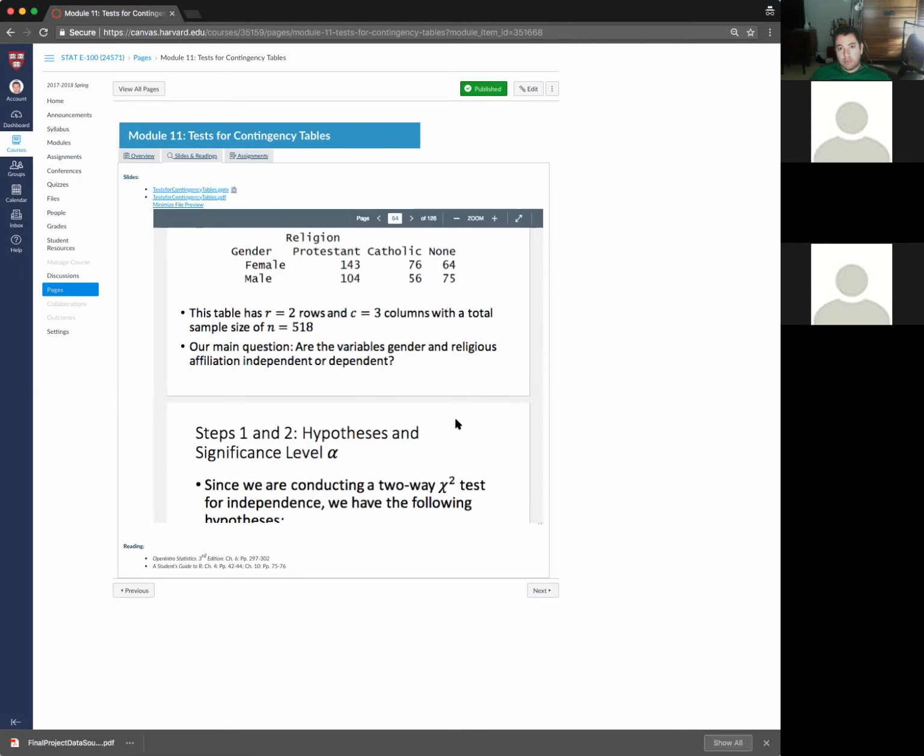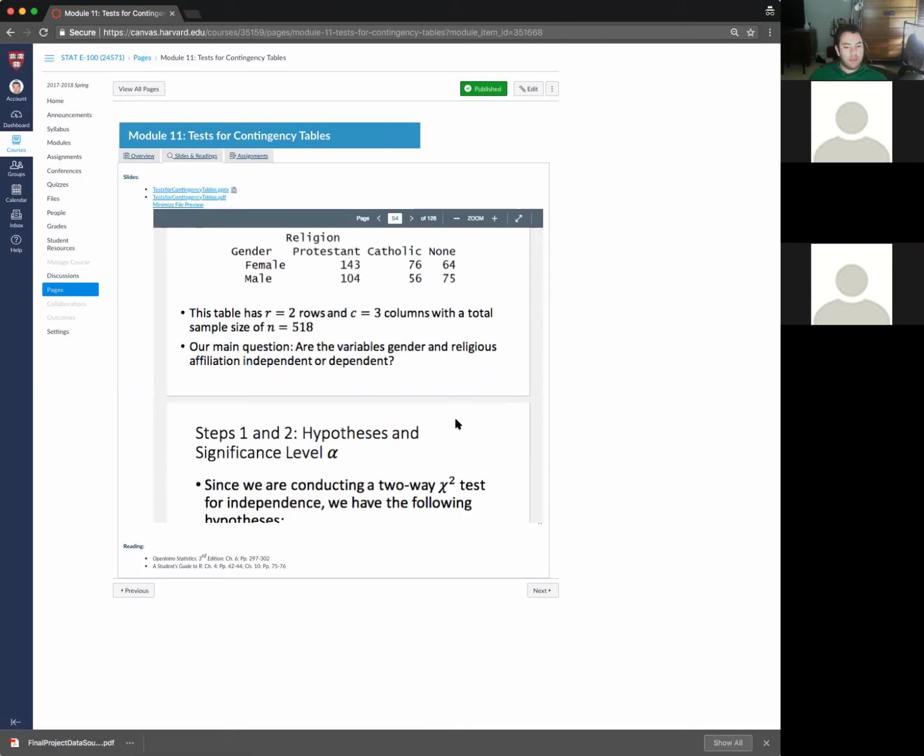And so for the goodness of fit, the expected proportions will be given to you, so you can calculate your expected values just from multiplying the proportions by the sample size. In this case, there's a different way of calculating the expected values by using that formula that we just went through. But aside from that, the chi-squared calculation will be the same, and everything else will be the same.